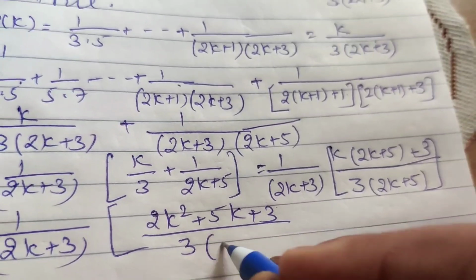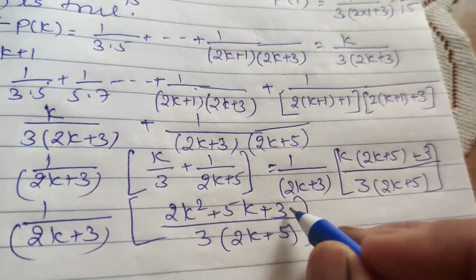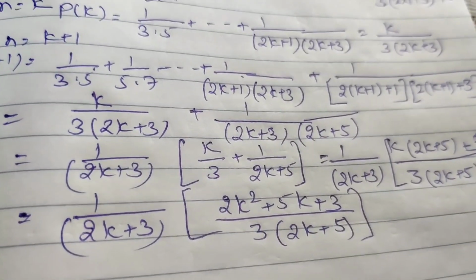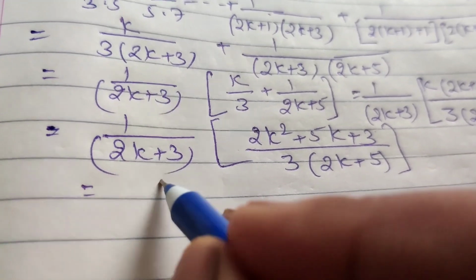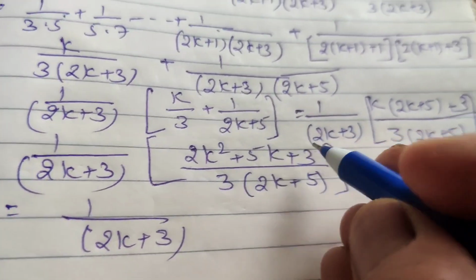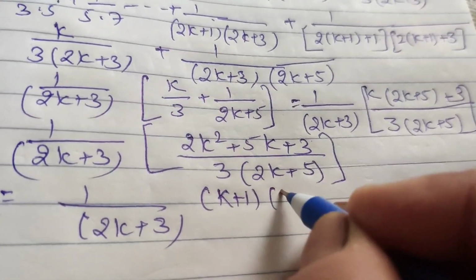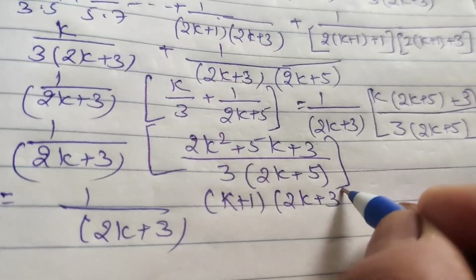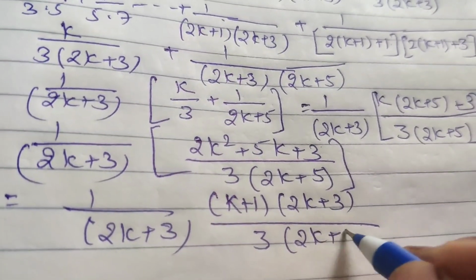It is equal to 1 upon 2k plus 3 times (k plus 1)(2k plus 3) by 3(2k plus 5).